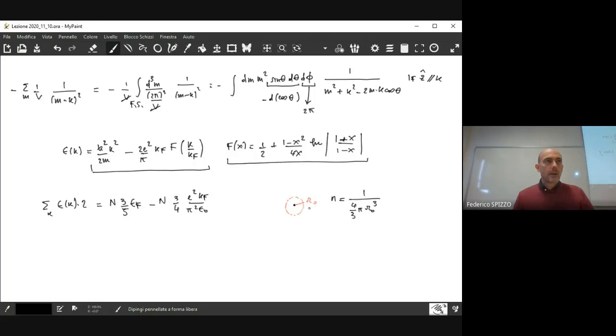Because if we associate on average to each electron a spherical volume with radius r0, then the density of electrons is the reciprocal of that.